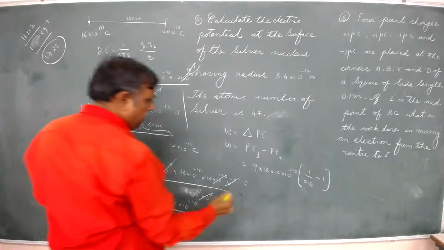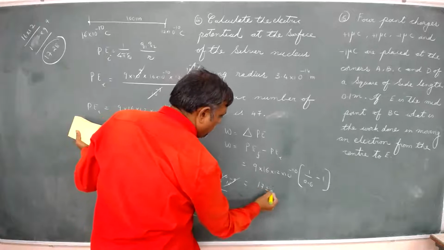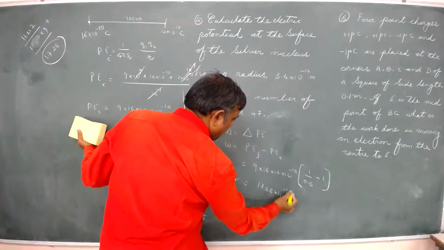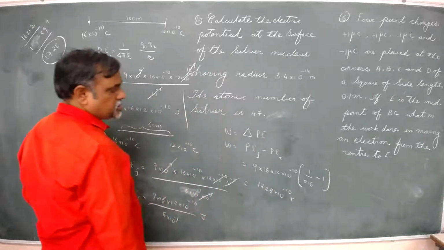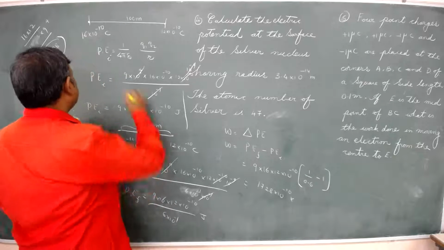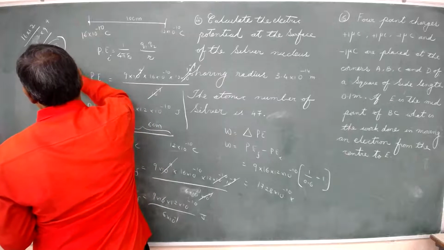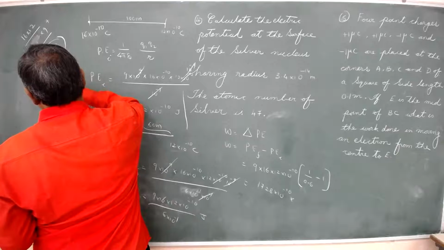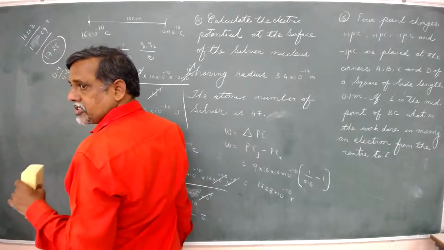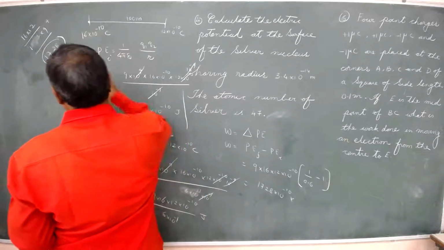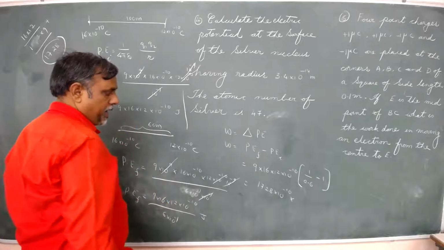Okay, so 1728 into 10 power minus 10 into. So this becomes 1 minus 0.6 by 0.6, 0.4 by 0.6. Isn't it? So 4 by 6, 2 by 3.